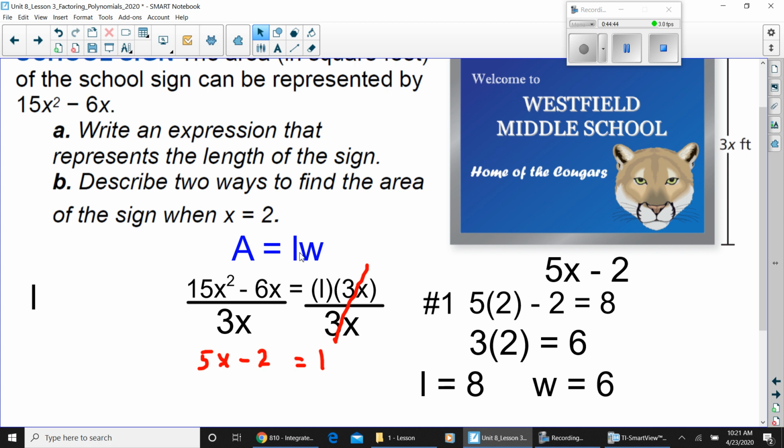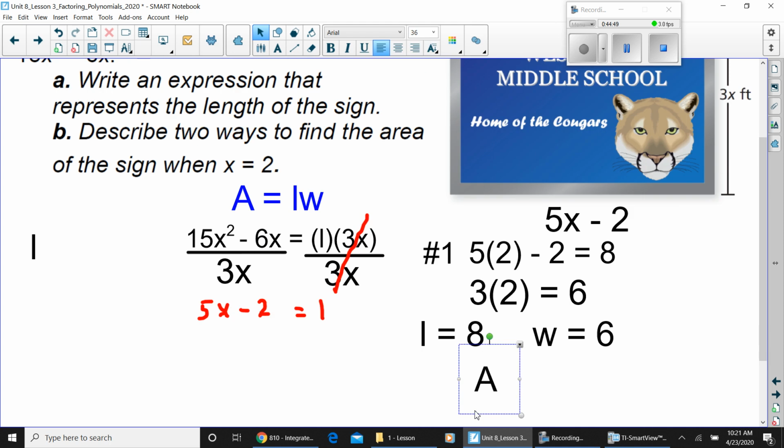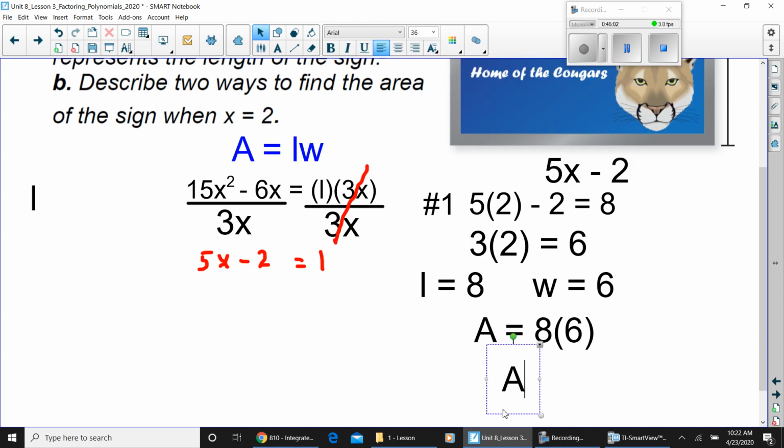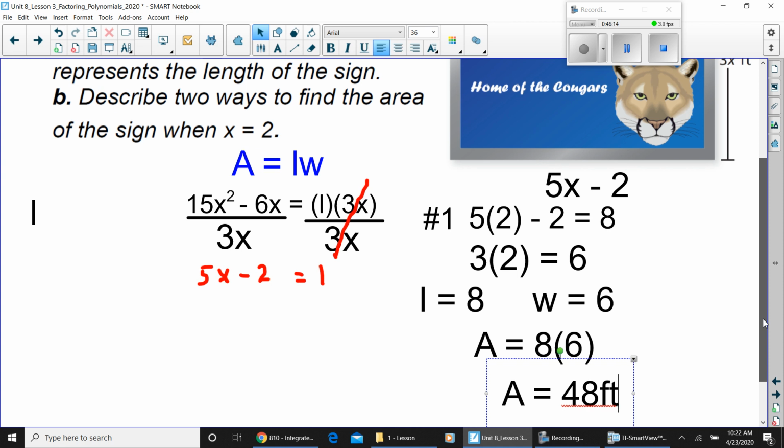And then you just use the formula A equals 8 times 6. That's one way you could do it.